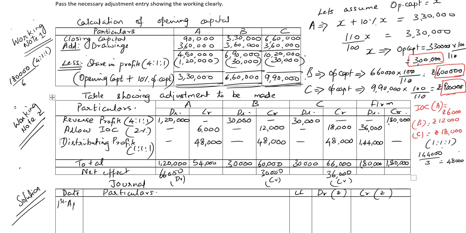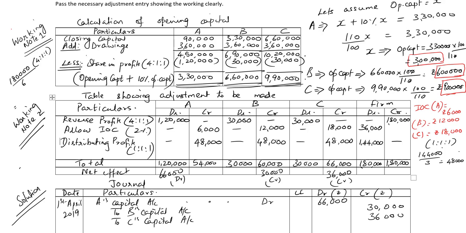First April 2019. A's capital account debit 66,000 rupees, to B's capital account 30,000 rupees, and to C's capital account 36,000 rupees.